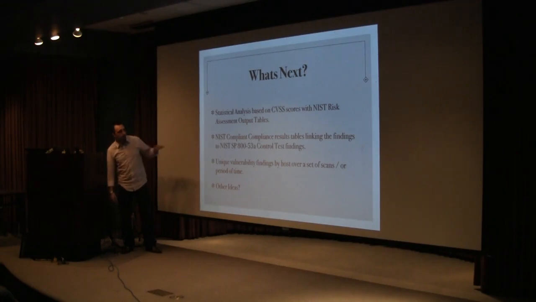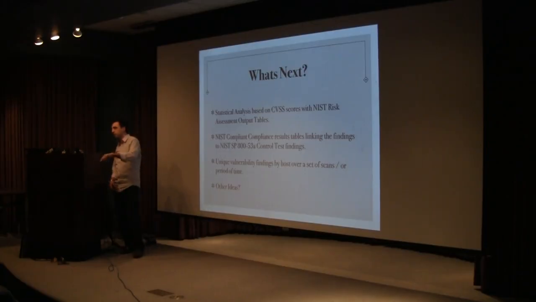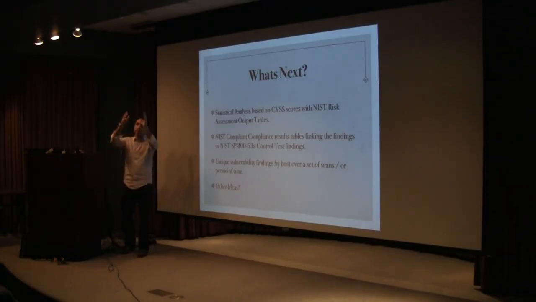I'm looking at tweaking the compliance parser, or a version of the compliance parser that actually combines those results with a NIST 800-53 framework. So instead of just outputting every single thing I tested for with every single host, it'll actually go down the list and go, okay, AC-2 is account management. Here's all the factors for account management, and they passed AC-2 based on the results, or they didn't pass AC-2.